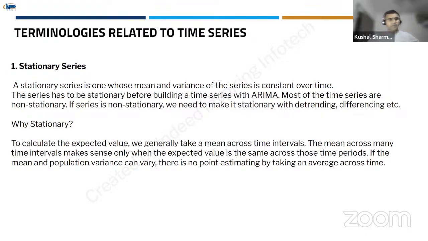All right. A stationary series is one whose mean and variance are constant over time. What does this mean? In a stationary series, the mean is constant and the variance is constant over time. Our requirement is that the series has to be stationary in order to build a model with ARIMA.